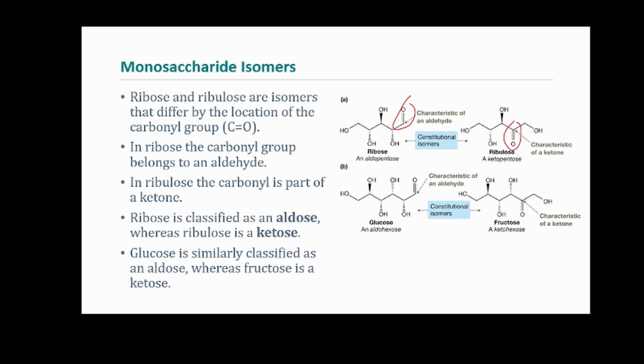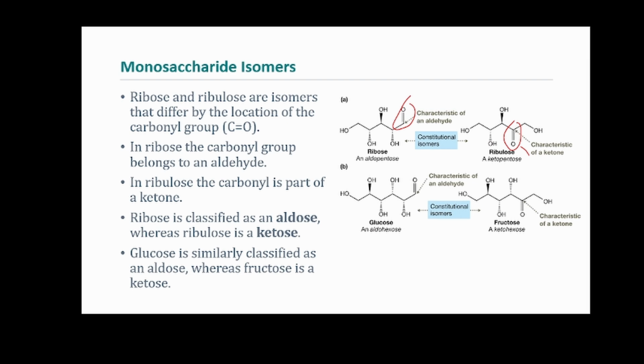In the ribose, the carbonyl group is going to belong to what's referred to as an aldehyde. Everybody remembers aldehyde now from our naming? Yeah, kind of. Okay. Ribulose, the carbonyl is going to be a ketone. That's the ketone right there. By the way, has anybody ever heard of aldose and ketose? No? So in biochem, you might hear about them.